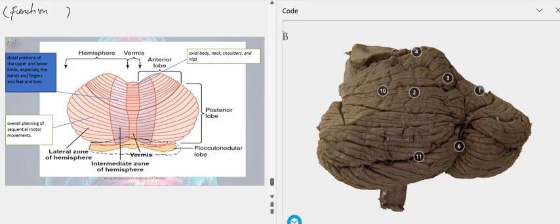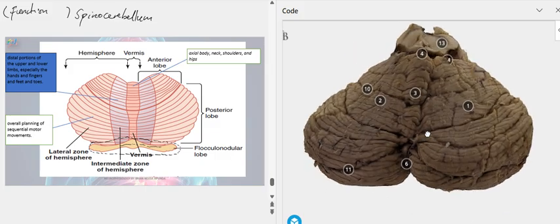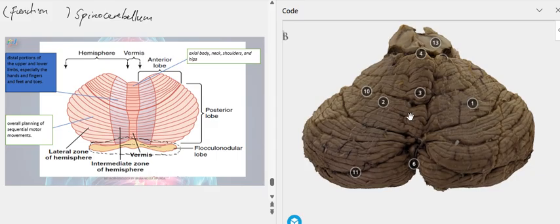We also have the spinocerebellum. So let's just write it here. Spinocerebellum as a specific functional zone of the cerebellum. You can see this, the spinocerebellum.